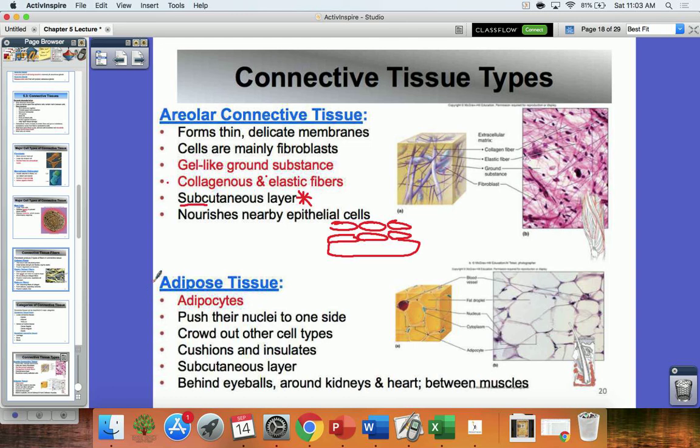Adipose tissue is going to be our fats, or adipocytes. Those are just fat cells. So adipose is our fats. And this is also found in the subcutaneous layer, which is below the skin. So underneath our skin, we have fat. We also have it behind the eyeballs and around muscles.